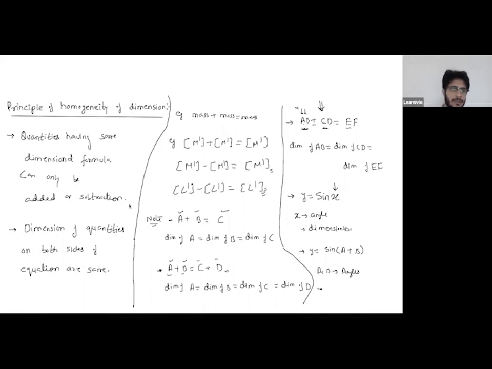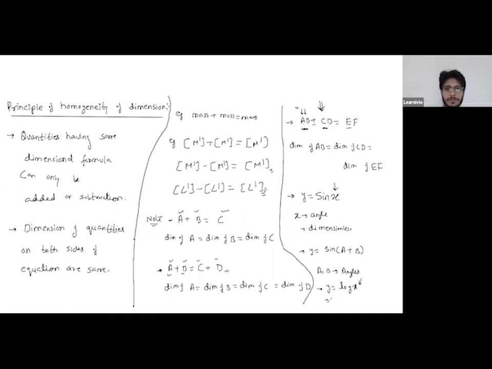Just like sine, if I write y equal to log x, then what is this log x? Log is always defined for a number.